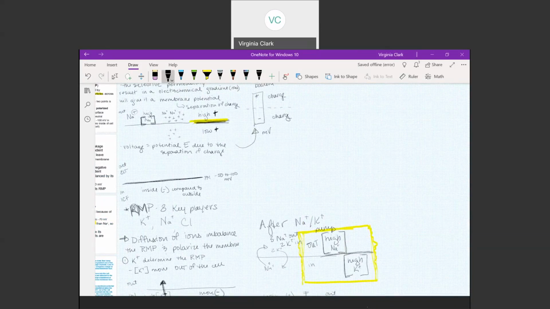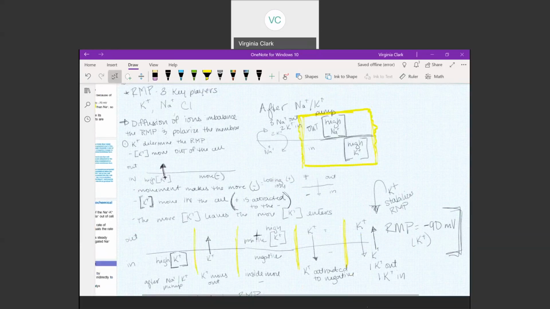Okay, so one other thing about the resting membrane potential is, why does the cell like to start with potassium? We have both high potassium and high sodium. Why does this whole process start with potassium for potassium to determine the resting membrane potential?